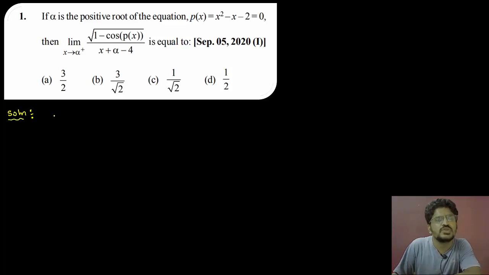Okay, so if you want to find the alpha value, you have to solve the equation p of x equal to x square minus x minus 2 equal to 0.